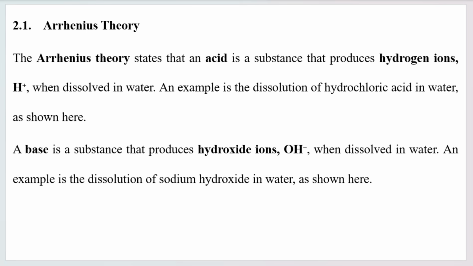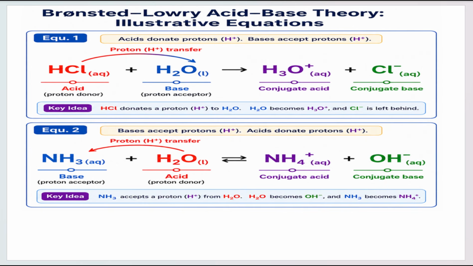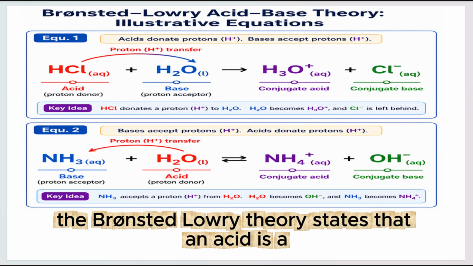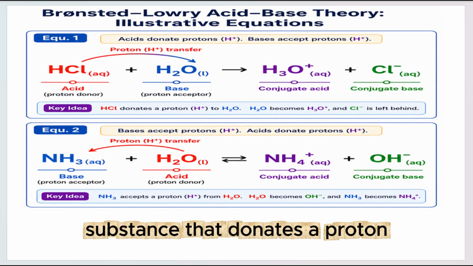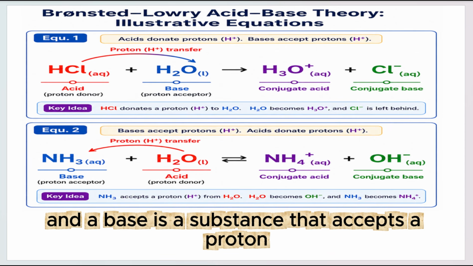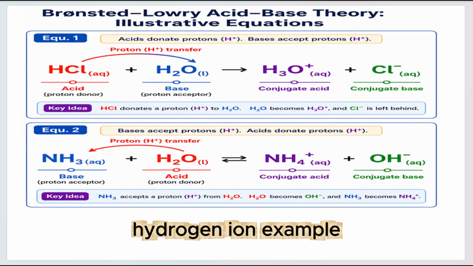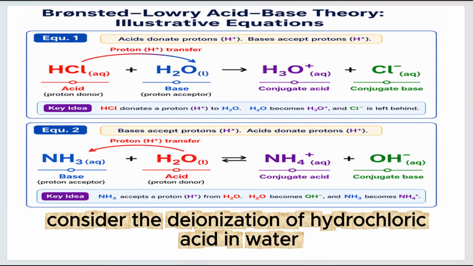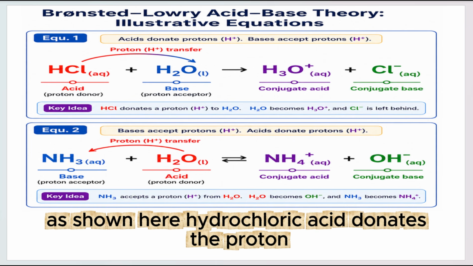2.2. Brønsted-Lowry theory. The Brønsted-Lowry theory states that an acid is a substance that donates a proton, hydrogen ion, and a base is a substance that accepts a proton, hydrogen ion. Example: consider the ionization of hydrochloric acid in water, as shown here.